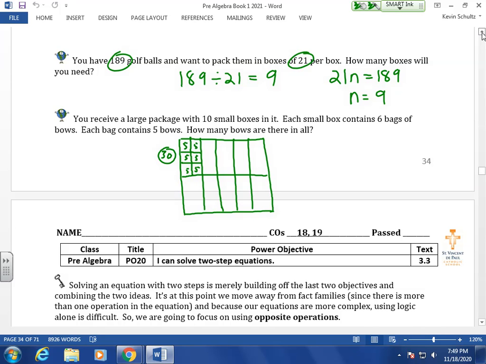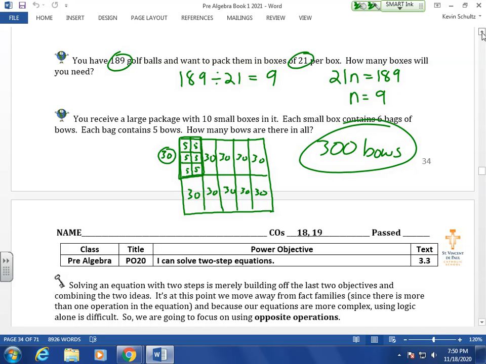So since they're all the same, if this box has 30 bows in it, that means this box has 30, that one's got 30, 30, 30, 30, 30, 30, 30, 30. Basically, I've got 10 boxes, each with 30 bows inside of them. And 10 times 30, there are 300 bows in all.